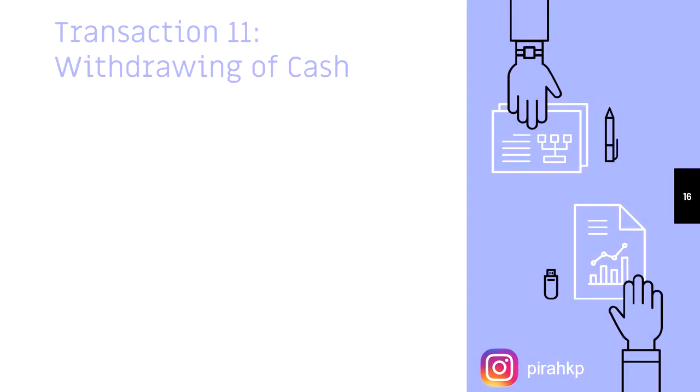Next we have withdrawing of cash. Whenever there is a word used withdraw or drawings, it means that the owner took money out of business for his personal use. Always remember that. Withdraw, you are withdrawing something.